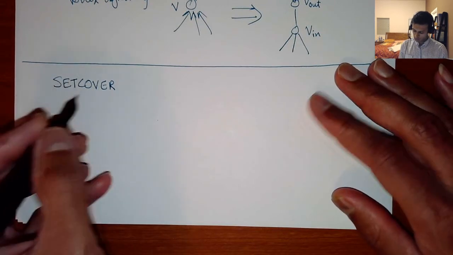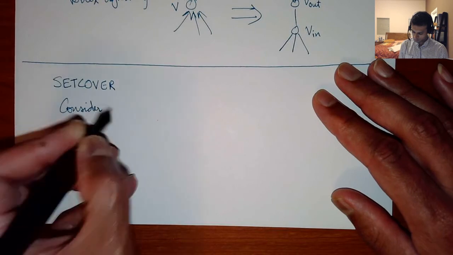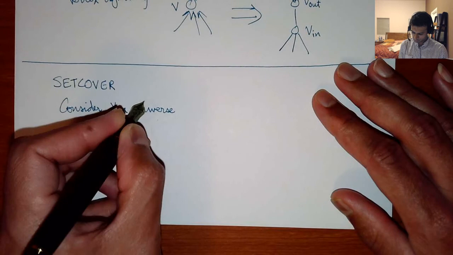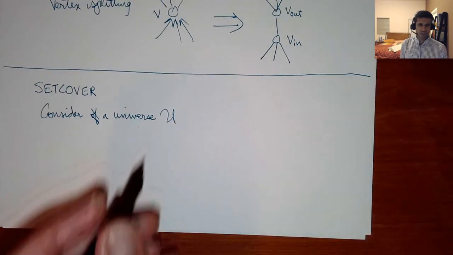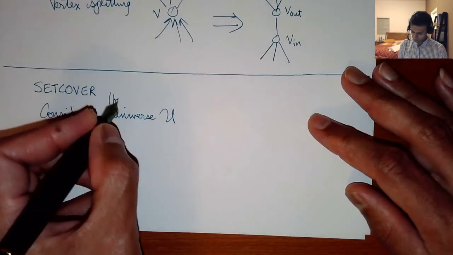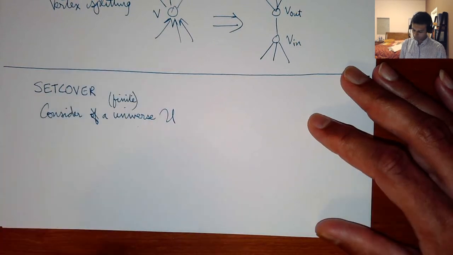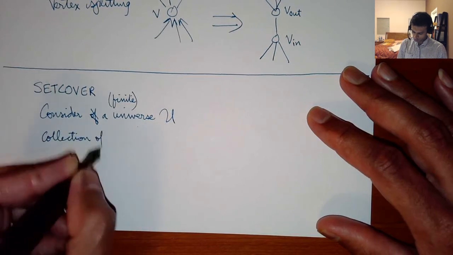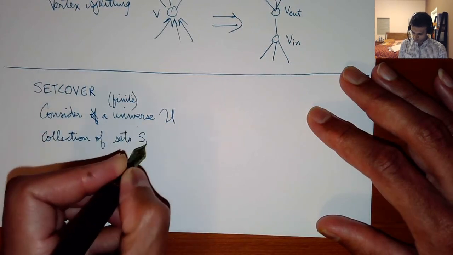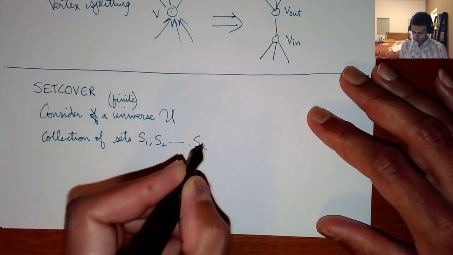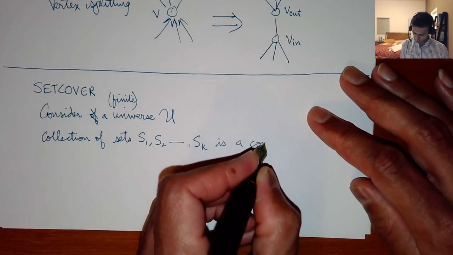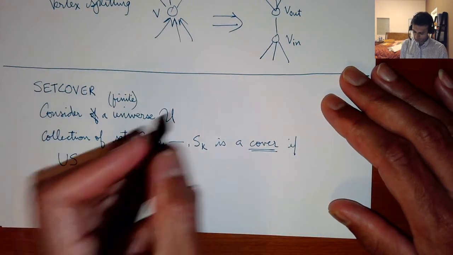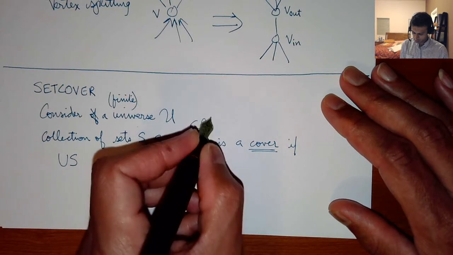Consider a universe U, some sort of finite universe U. A collection of sets S1, S2 to Sk is a cover if, these are all subsets of the universe, right?